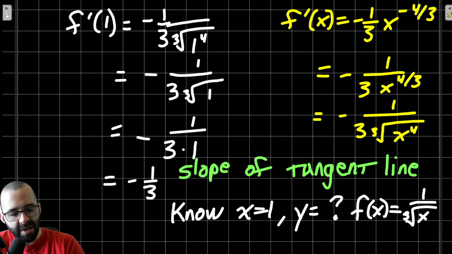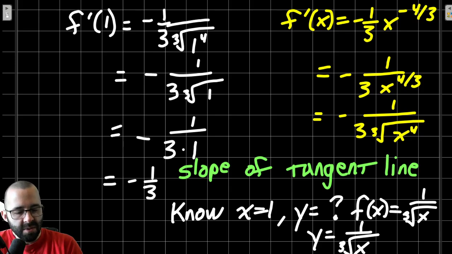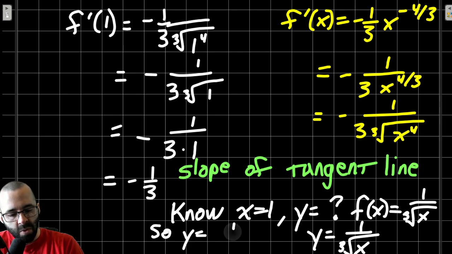Well, f of x, we can think about that as y is equal to 1 over the cubed root of x. So when x is equal to 1, what is y equal to? Well, when x is equal to 1, y is going to be 1 over the cubed root of 1, which is just 1.